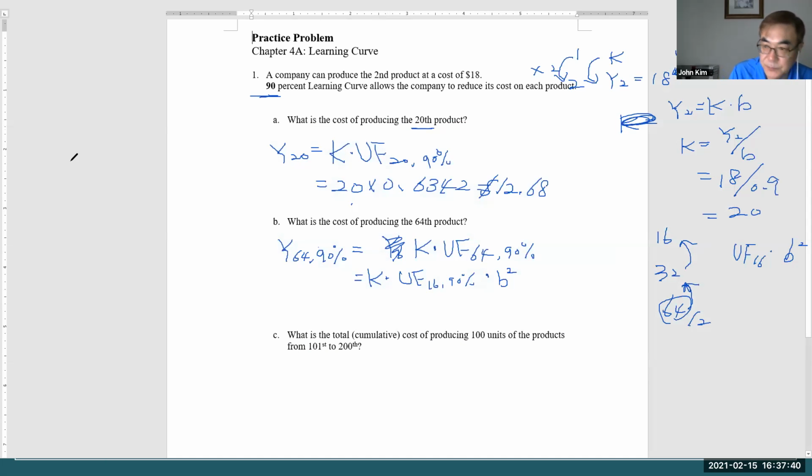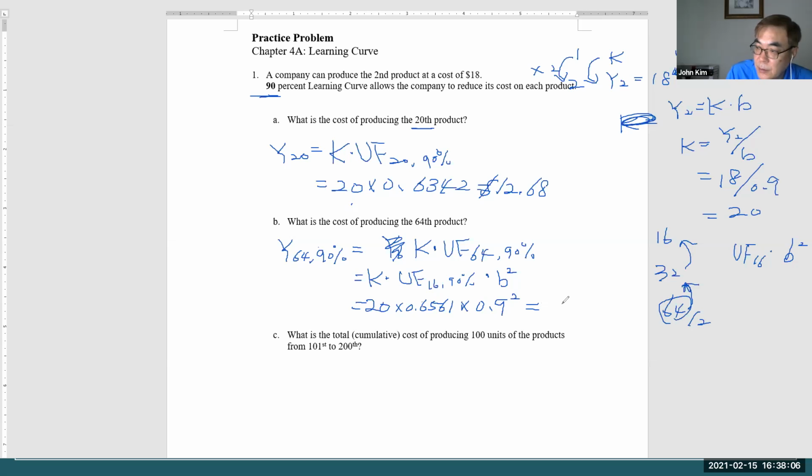So that will be K is 20 times unit factor 16th, 0.6561, times B, 0.9, squared.